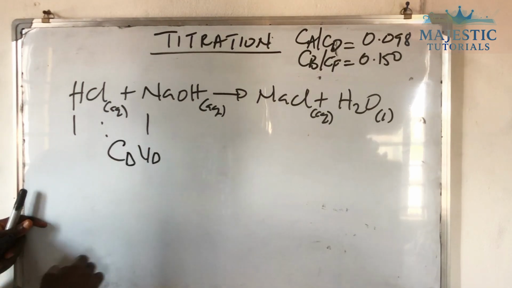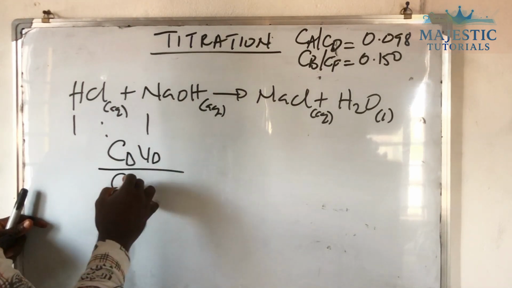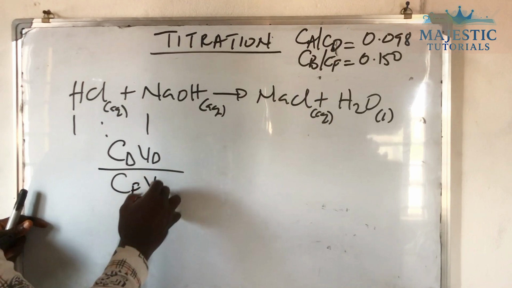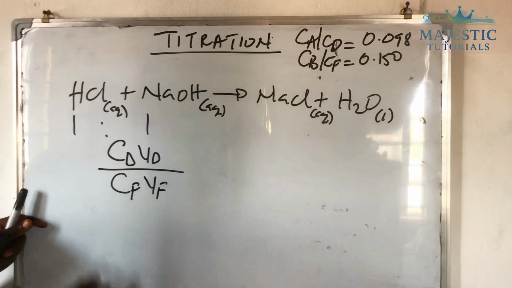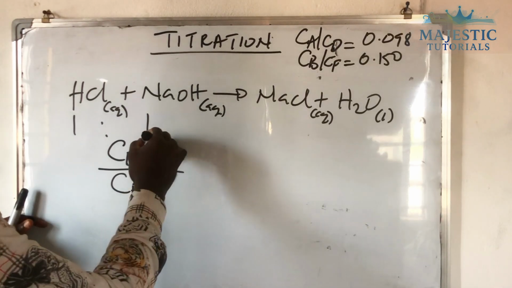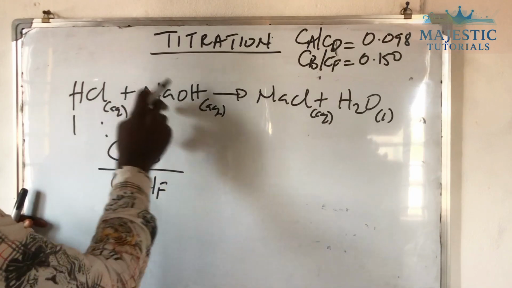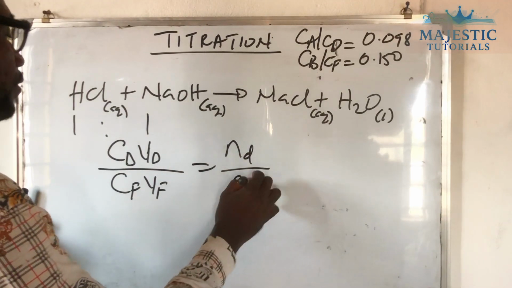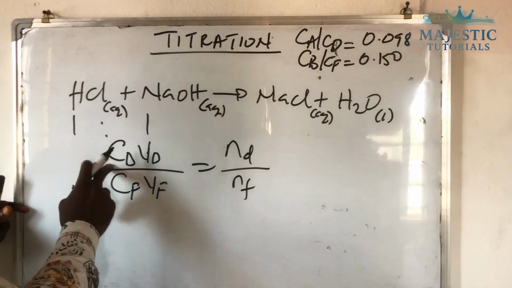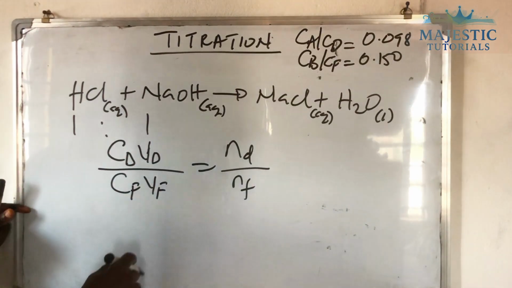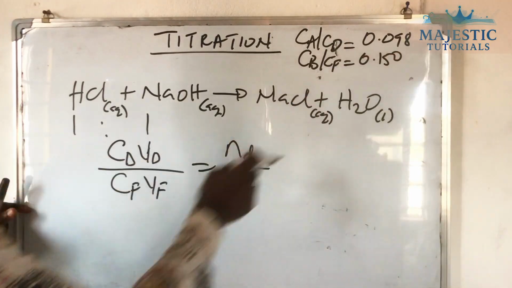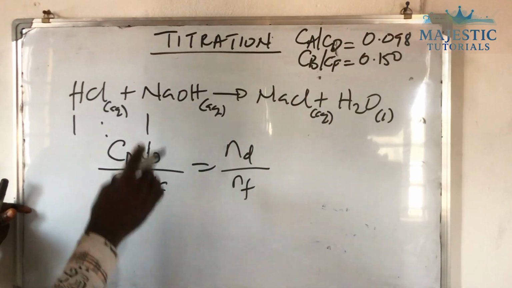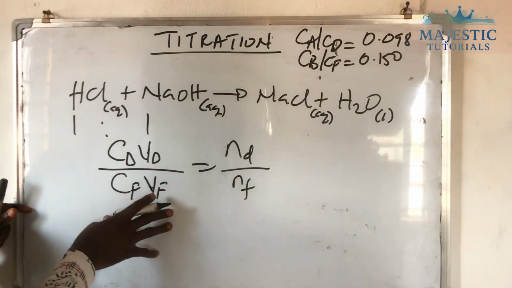Now, using our formula, CDVD, working with sample D, is equal to CFVF. It's the same thing as we know as CAVA, but because I want to rhyme with what they call this, equals ND over NF. So we already know our CD, which is 0.098, CF 0.150, VF is the volume of the base, or we call it VB, whichever.